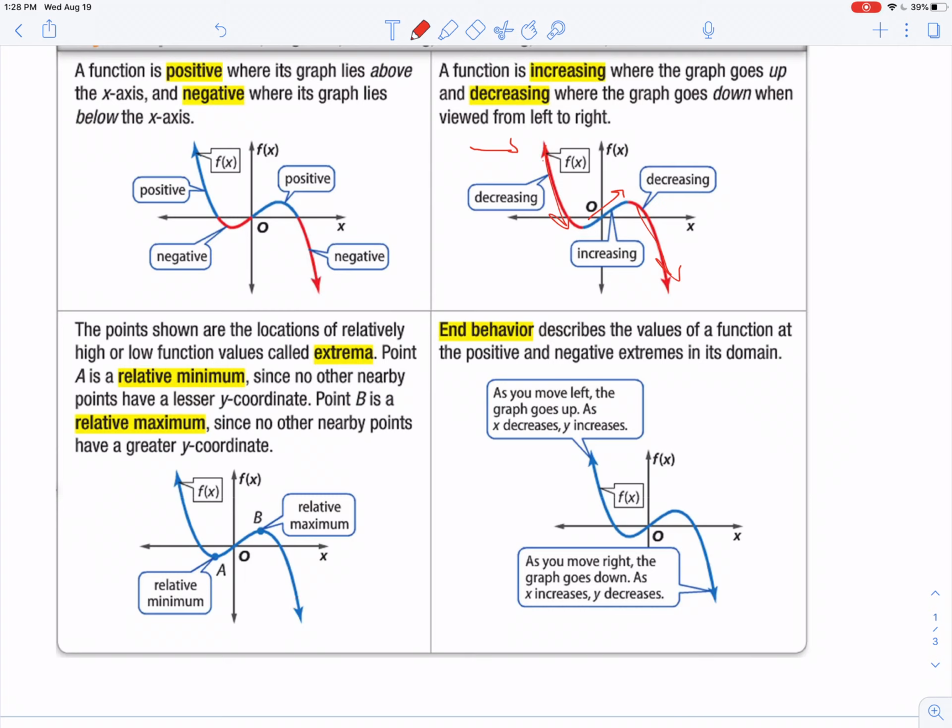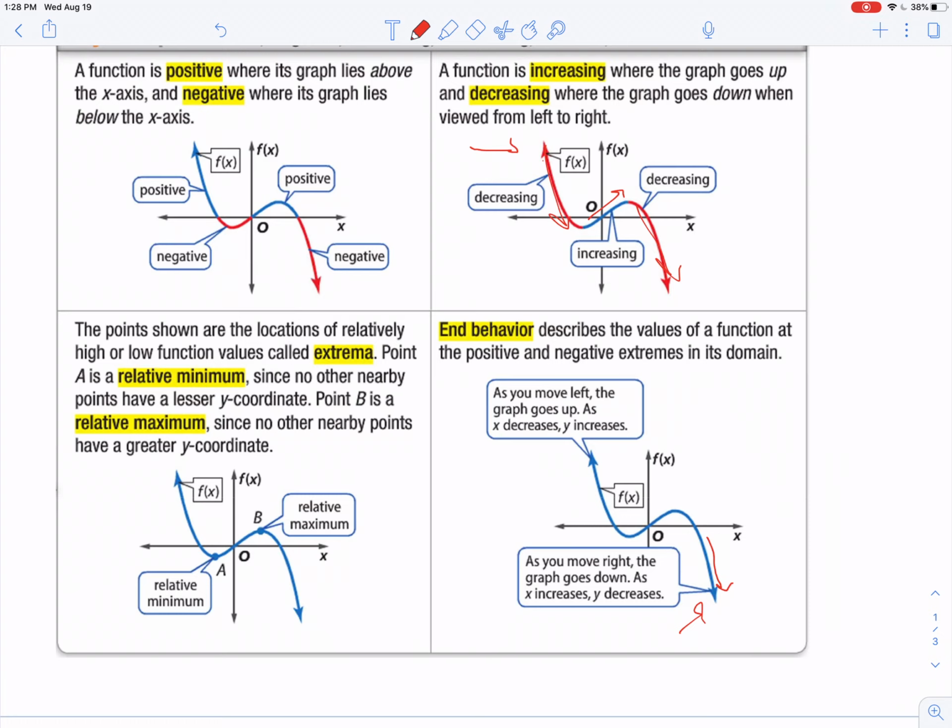So this next one is the hardest one for people generally. I usually start by doing the right one, because again, you're reading it from the left to the right. So as this piece right here continues to the right, is it going up or down? It would be going down.